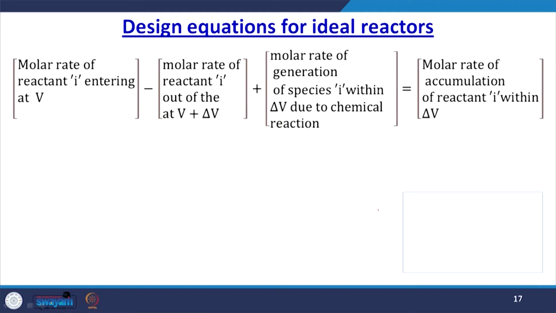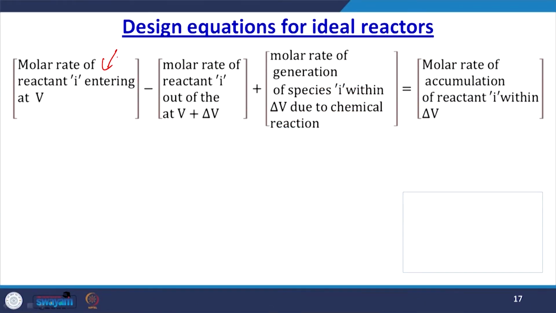Now if we wish to write the design equation, then the starting point is the mole rate of any reactant i at the entrance. I am drawing this PFR again at entering. Then the mole rate of reactant i at the outlet, that is, at V plus delta V, plus the molar rate of generation of species i within this delta V due to any kind of chemical reaction, and last is the molar rate of accumulation of reactant i within that particular change in volume.